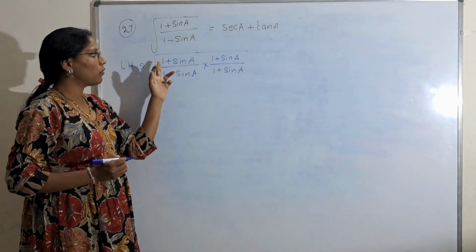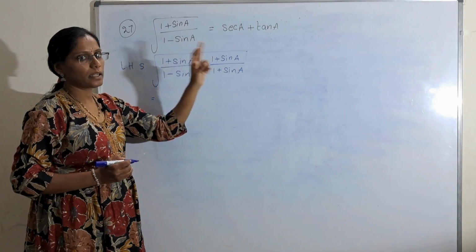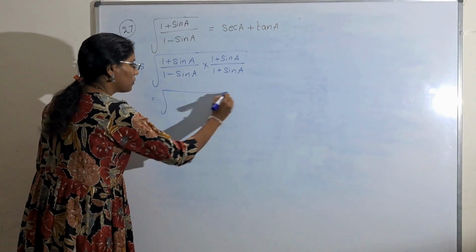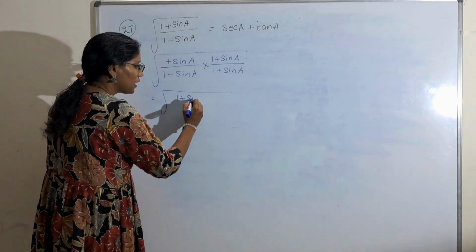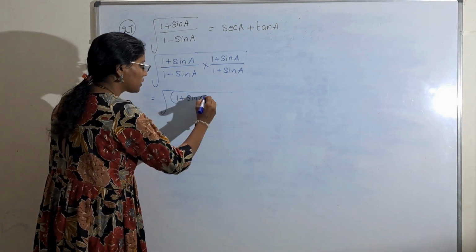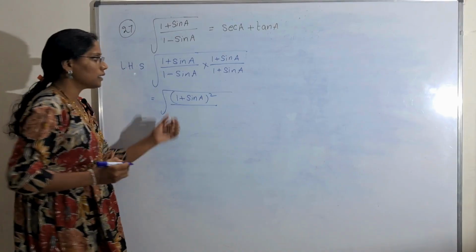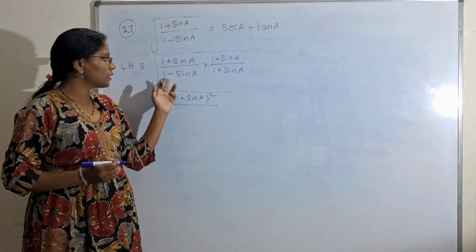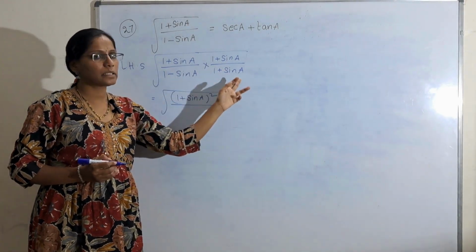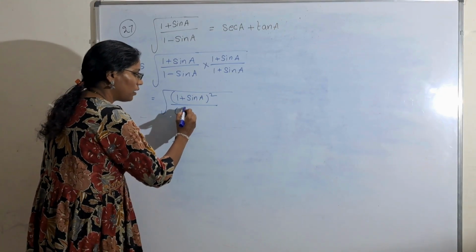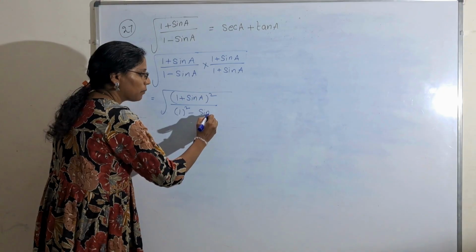In the numerator, we multiply 1 plus sin A into 1 plus sin A, two times: root of (1 plus sin A) whole square. In the denominator, what formula can we use? A minus B into A plus B, the A square minus B square formula.